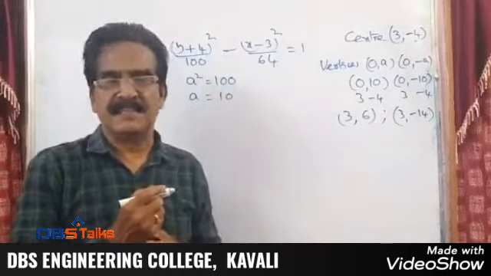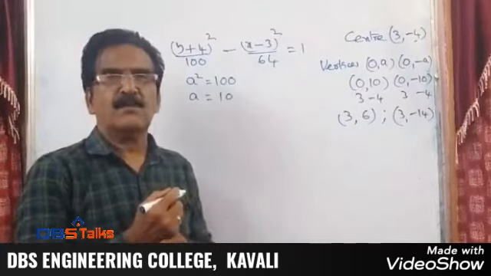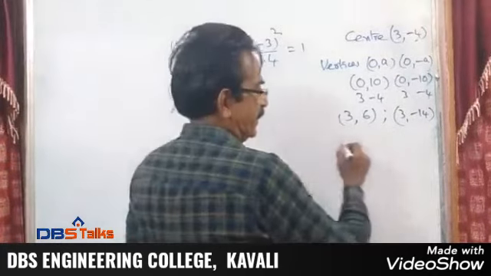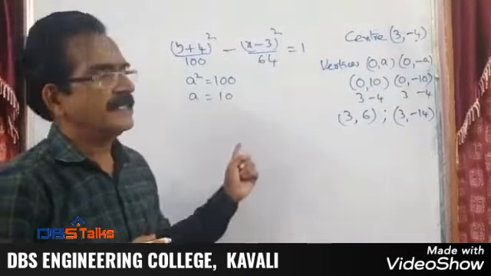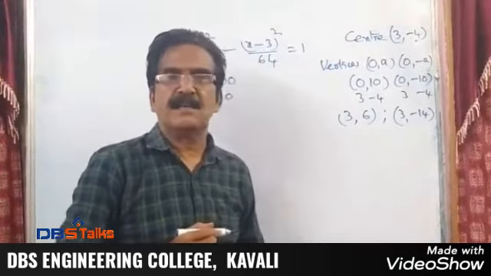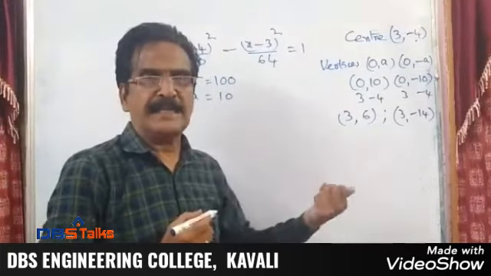Those are the vertices. And co-vertices. Along the x-axis, the vertices are called co-vertices, that is the conjugate axis.